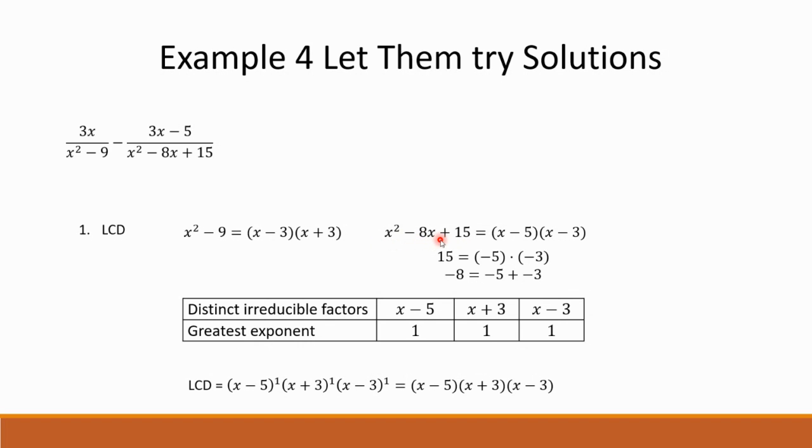So we want two numbers whose product is 15 and whose sum is negative 8. Hopefully it doesn't take long to see, even before looking at the slide, that negative 5 and negative 3 pull that off. So this becomes this.